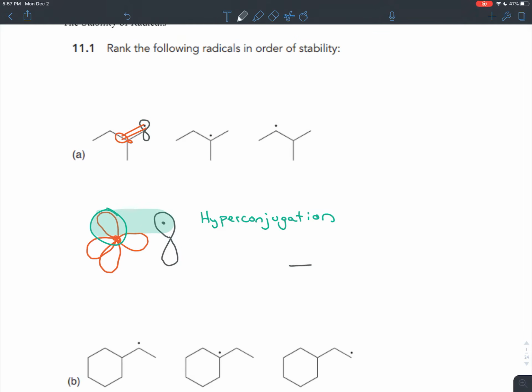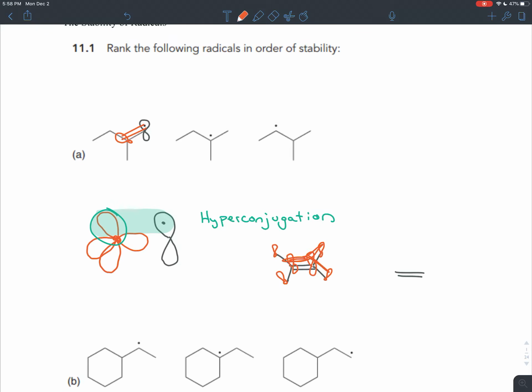It was hyperconjugation that made more substituted alkenes more stable than less substituted alkenes. In the case of this tetrasubstituted alkene, the 2 p orbitals here are able to leak their electron density into sp3 orbitals on the methyl groups.